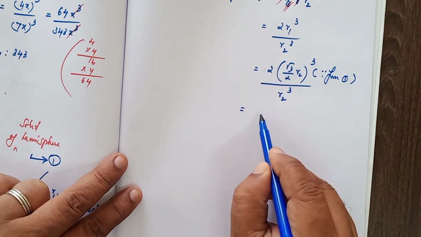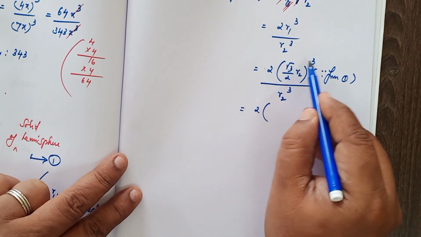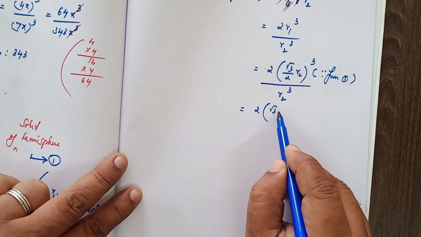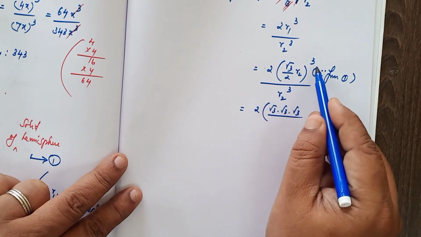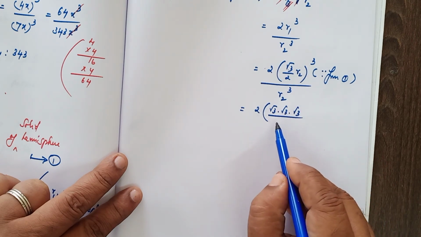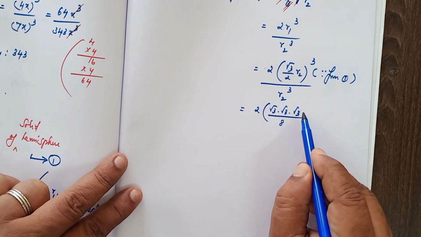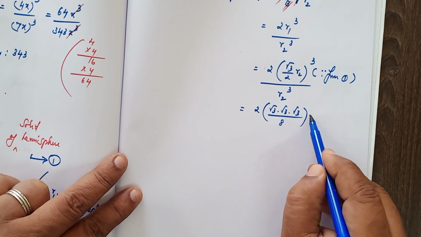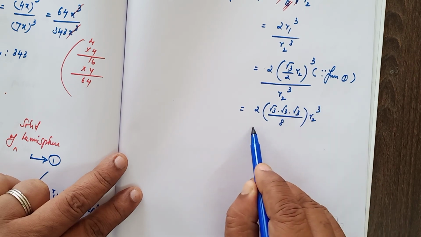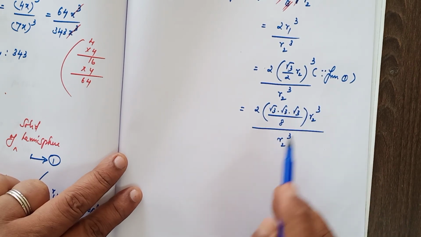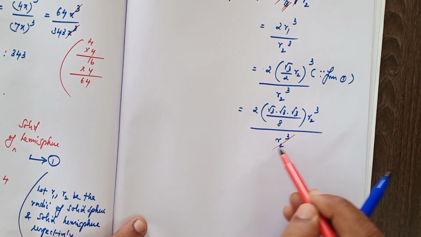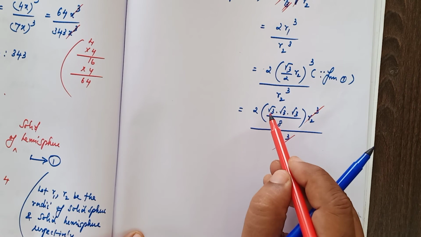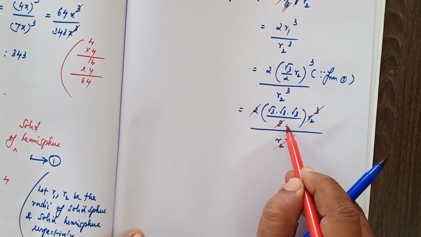That is equal to 2 into root 3 cube, which means root 3 into root 3 into root 3, divided by 2 cube. We can directly write 8, 2 into 2 into 2 that is 8, r2 cube divided by r2 cube. Now we can cancel r2 cube. 2 fours are 4 times.